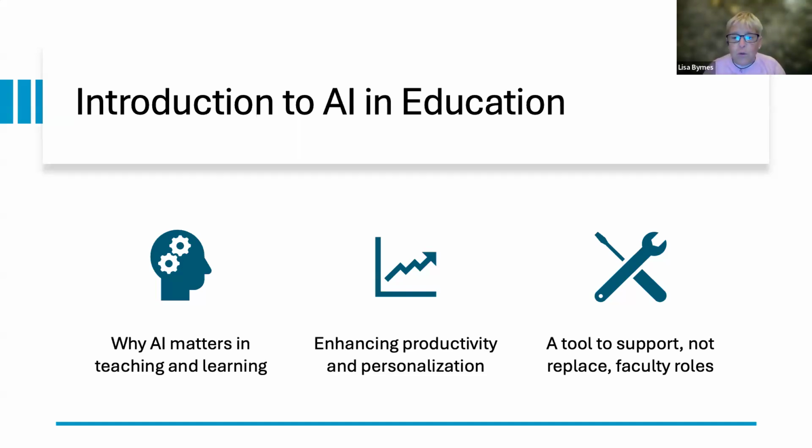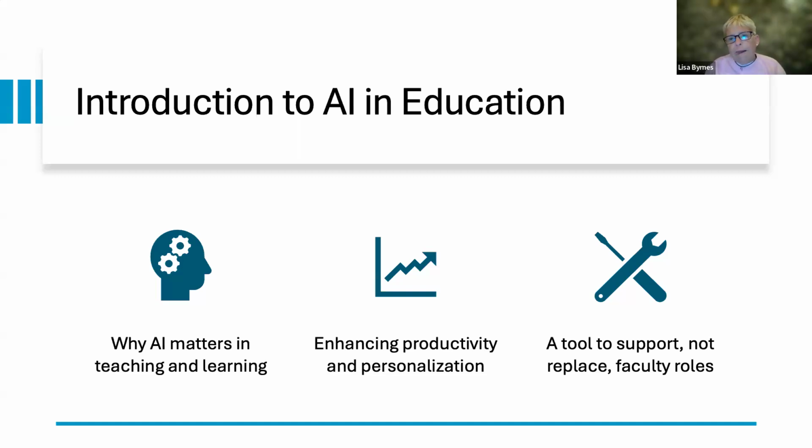It's a practical tool that we can use to enhance productivity, create engaging content, even personalize learning. I know this is hard to think sometimes, but AI is not here to replace us. It's here to support our work and help us do it more efficiently and effectively, so that we have more time as educators to go more in depth with our teaching and mentoring.